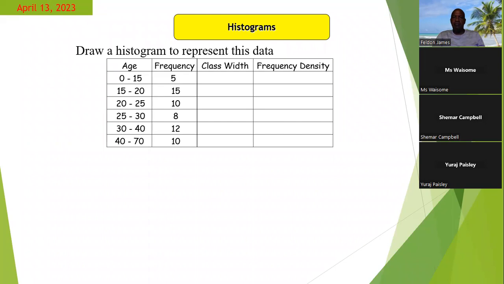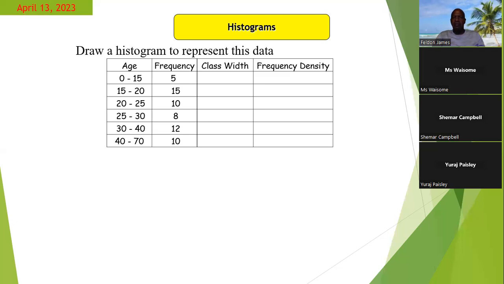We're not talking about from here. We're talking about from when we're looking at the class boundaries. Oh, yes, sir. So the class width would be the lower boundary minus the upper boundary, sir. Or the upper boundary minus the lower boundary. The other way around. It's always the upper boundary minus lower boundary.